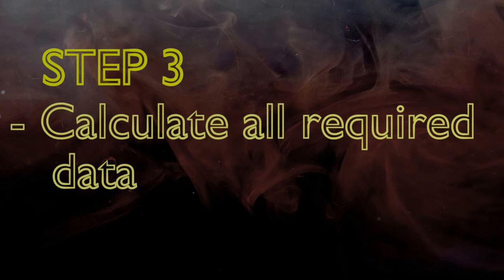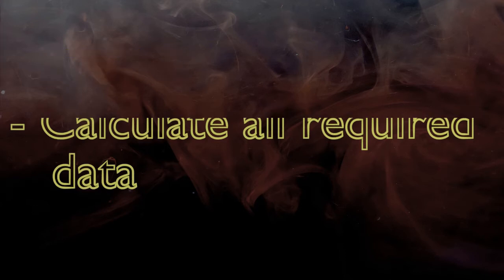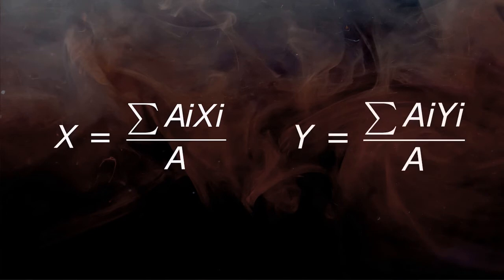Next one is an important step where all required data will be calculated. Before we start calculations, let me quickly remind you the equations to find out the x and y coordinates of the centroid. X coordinate is equal to sigma AiXi divided by total area, and y coordinate is equal to sigma AiYi divided by total area.